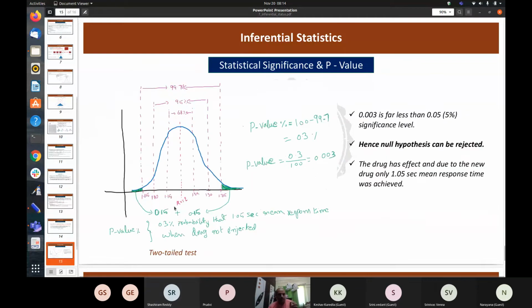Here, I know the mean response time. Maybe I have to make two statements. One, if I know each rat's response time, I can calculate the population standard deviation.